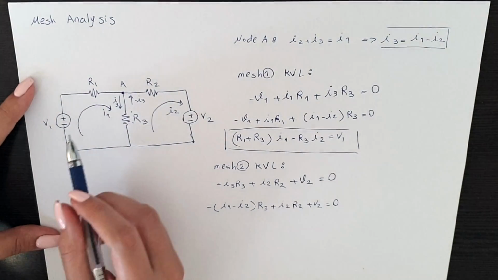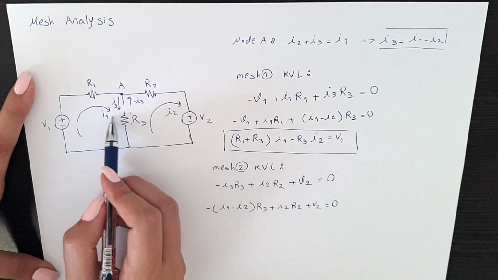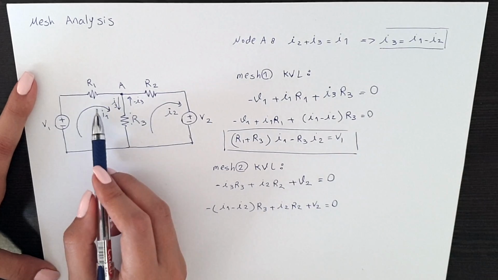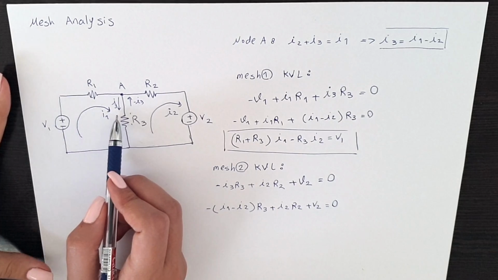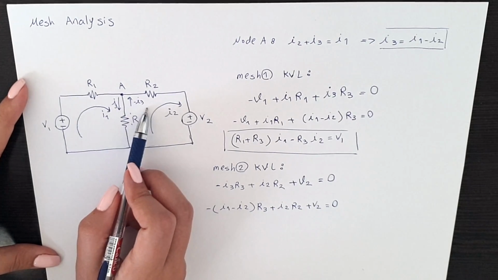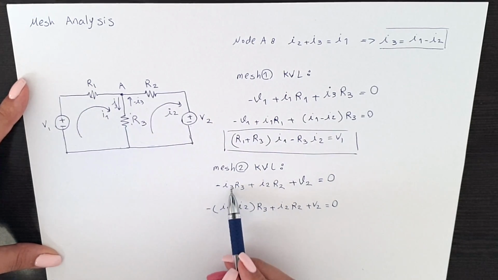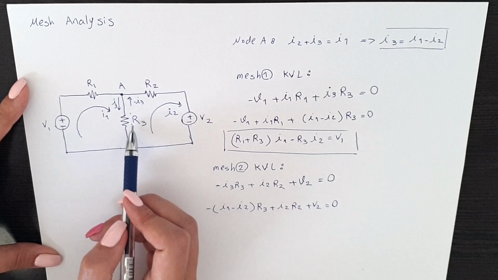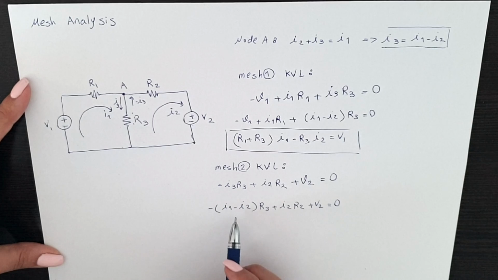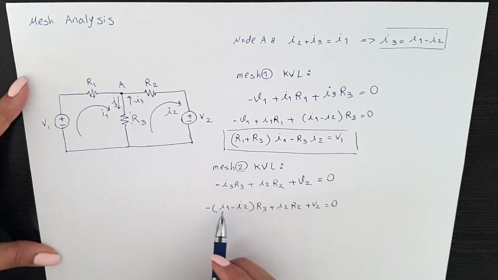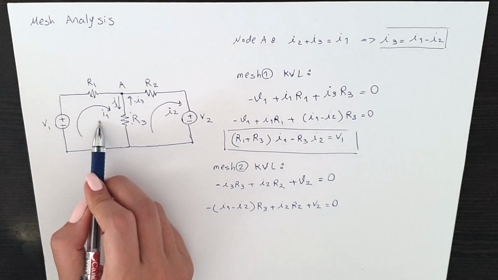When we are in the first mesh, our I3, which is in the same direction, is I1, the current for this mesh, minus I2, the current for the other mesh. And as we are here, we wrote I3 and then because the direction is opposite, we say minus I3. So at the end, if we multiply this minus inside, it's going to be I2, the current of this mesh, minus I1, the current of the other mesh.